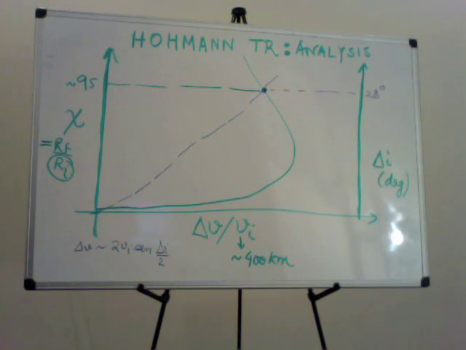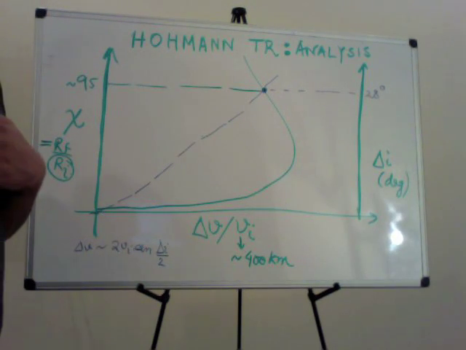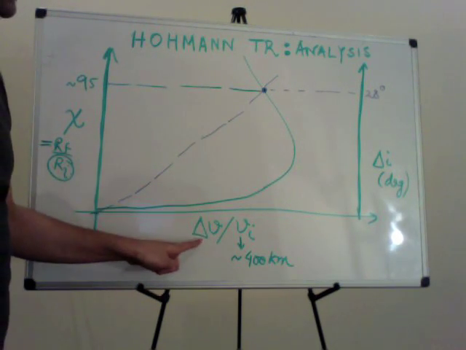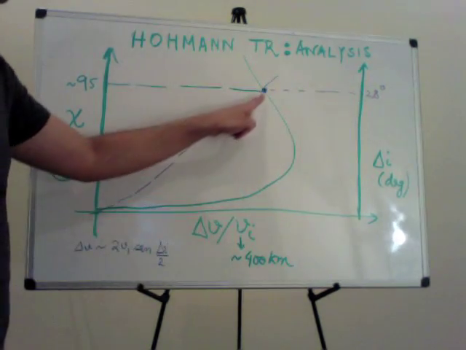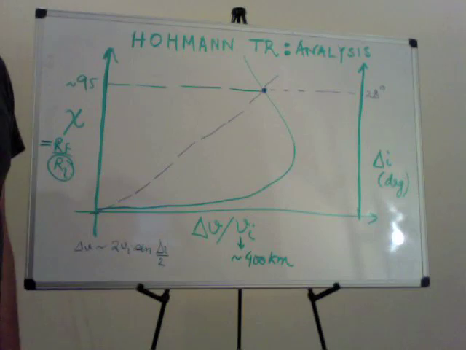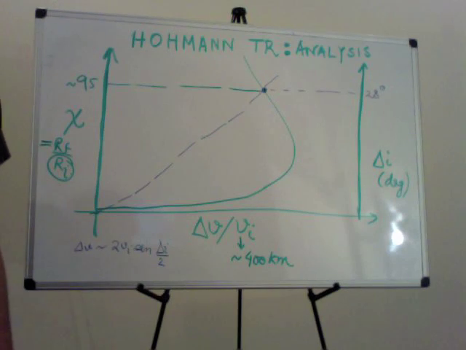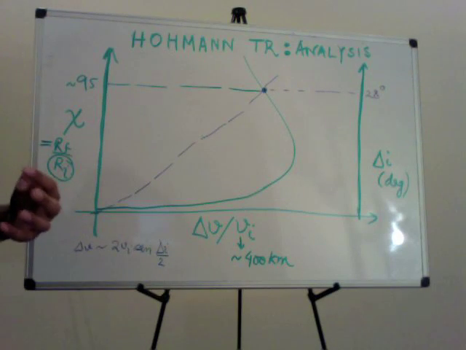So what we are saying is that if I give you the delta V that is sufficient to achieve a 28-degree plane change, and you use that delta V not for a plane change but for a Hohmann transfer, then you can reach a final orbit that is 95 times the radius of the initial orbit.